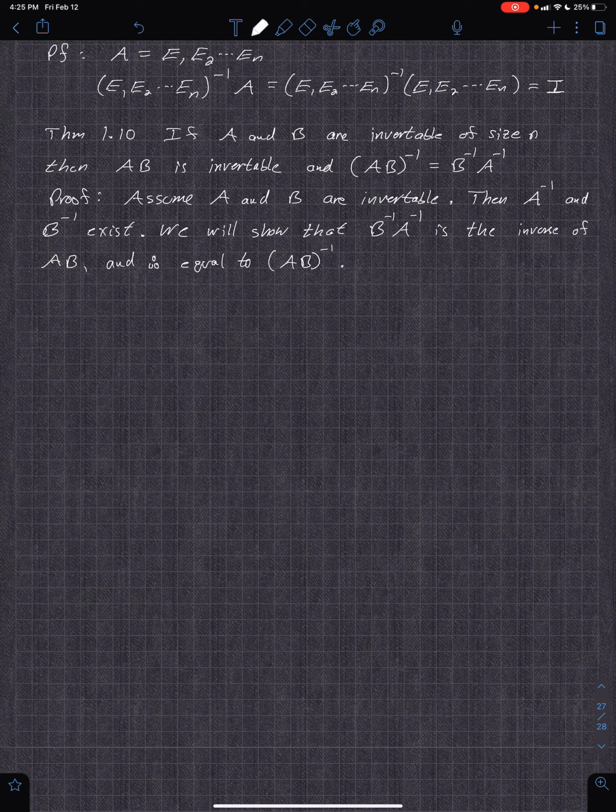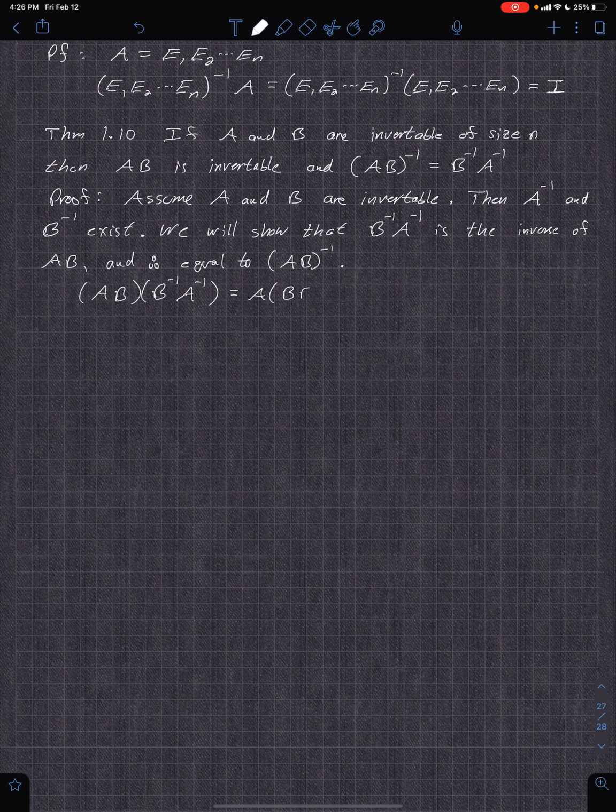So we basically just start off with the product, show both sides, and it works out real nice. So you have AB, then I'm going to multiply by B inverse A inverse. Now I'm going to associate, because you have the associative property.